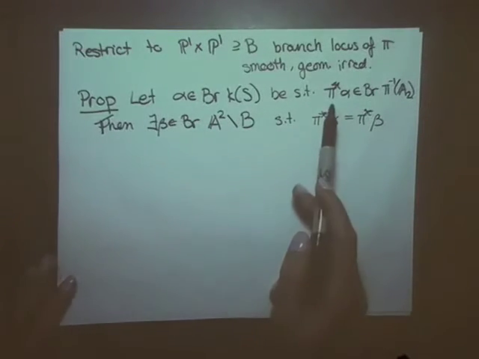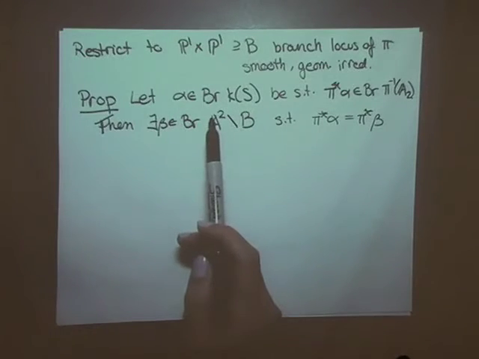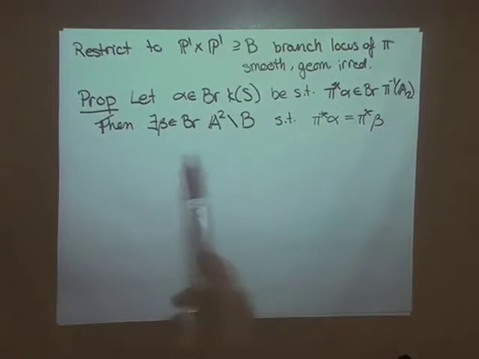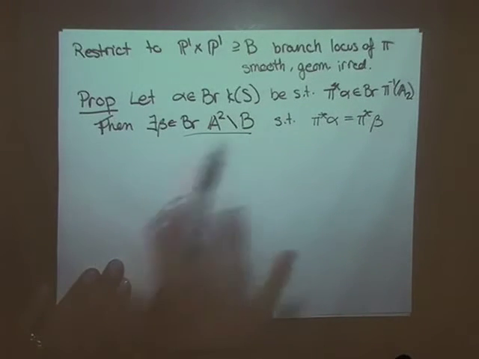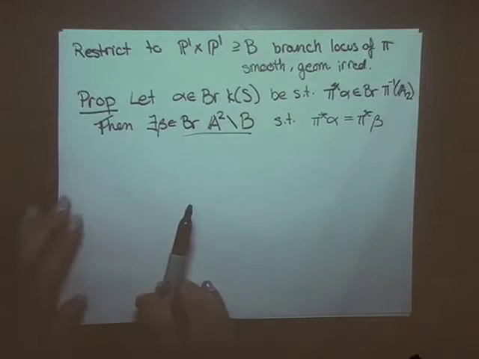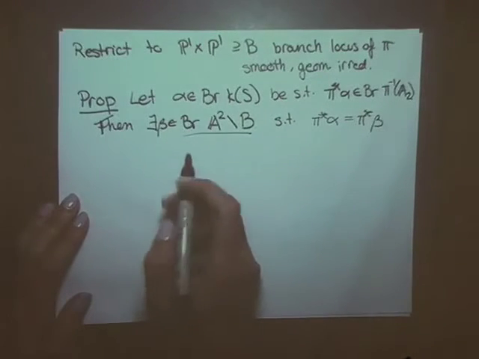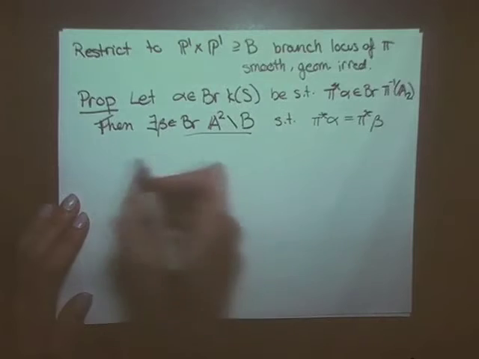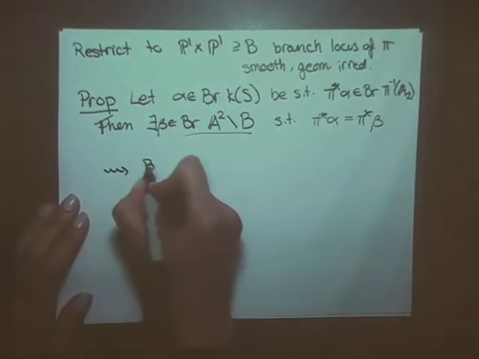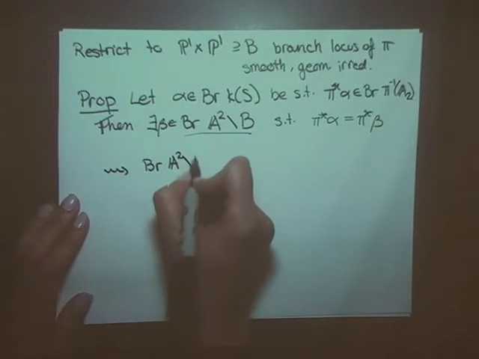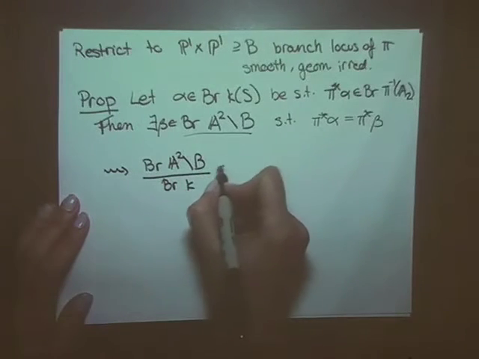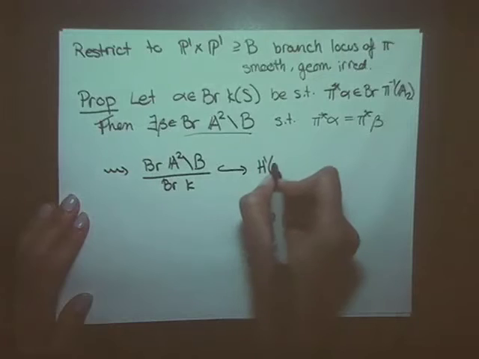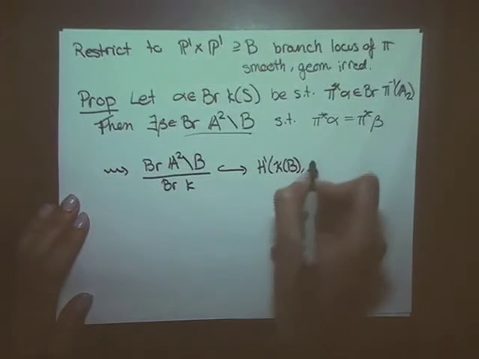So if I just care about the image of the map of pi upper star, which is what I care about for Brauer classes on Y, it's enough to restrict to looking at Brauer classes on this open. Okay? And since the Brauer group of A2 is trivial, the Brauer group of A2 minus B, mod the constant algebras, injects into just the residues on the branch locus.